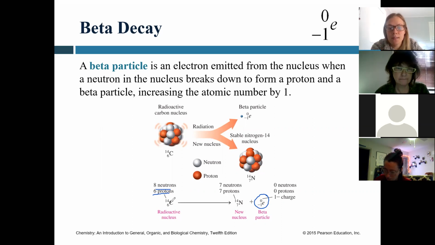Well, remember, if this is 6 here, this side also has to equal 6. And if you have a -1 here, you have to bump this number up to compensate for the -1. 7 plus -1 gives me the 6. So we went from 8 neutrons to 7 neutrons, 6 protons now to 7 protons. We bumped it up.